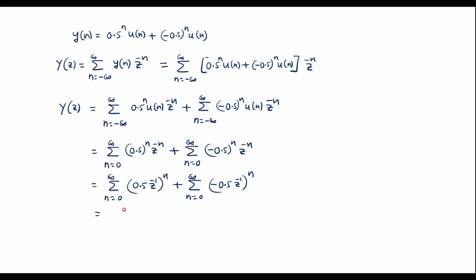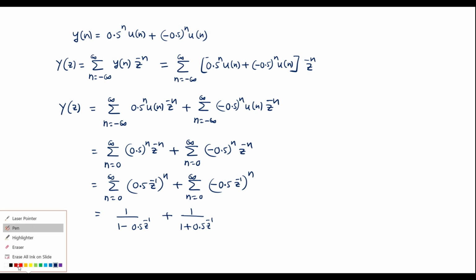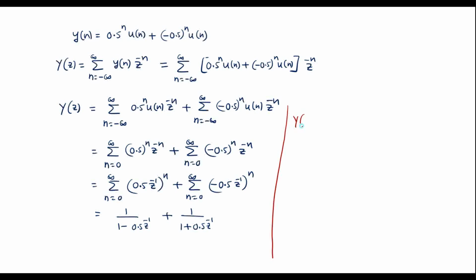So the value of this is 1 upon 1 minus 0.5 z inverse, plus here its value is 1 upon 1 plus 0.5 z inverse. So let me simplify this further. Further I can represent it as y of z is equal to, I'll take the LCM as 1 minus 0.5 z inverse, and another term is 1 plus 0.5 z inverse.